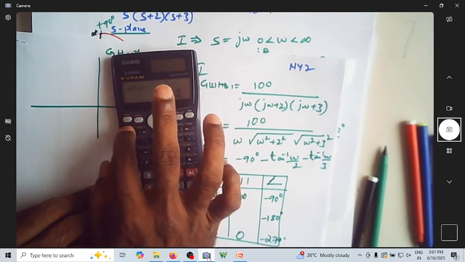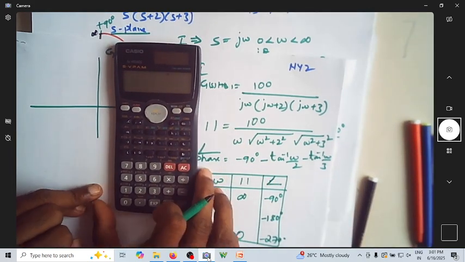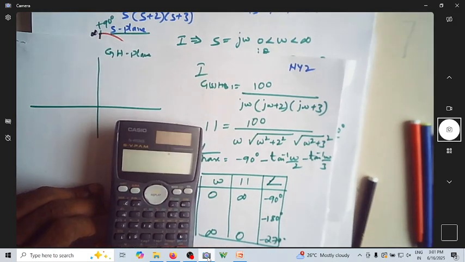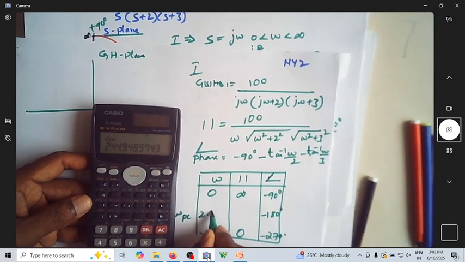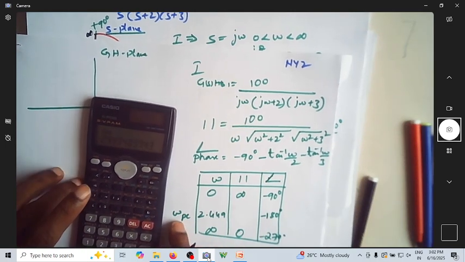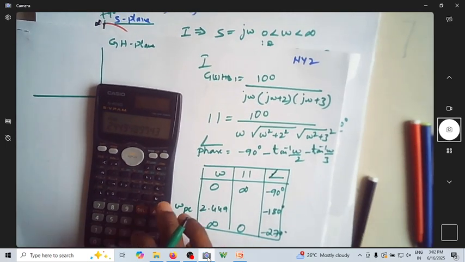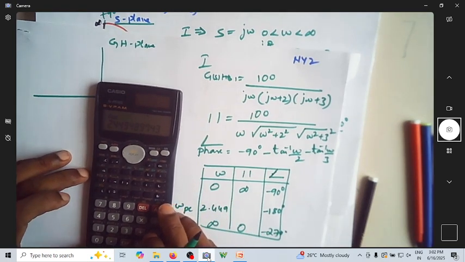Using shift solve, omega PC comes out to be 2.449 radians per second.